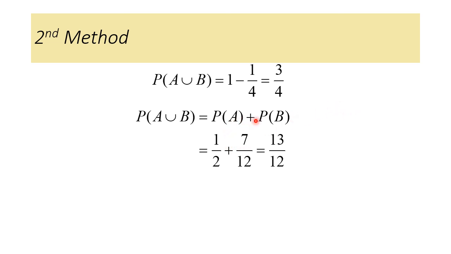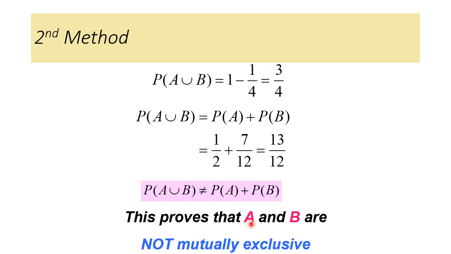So if we sum the probability of A and B, we find that it is 13/12, which already exceeds 1, more than 1. So obviously this is far from the union of A and B. So we can conclude that since the union of A and B is not equal to probability of A plus probability of B, therefore we can prove that A and B are not mutually exclusive.